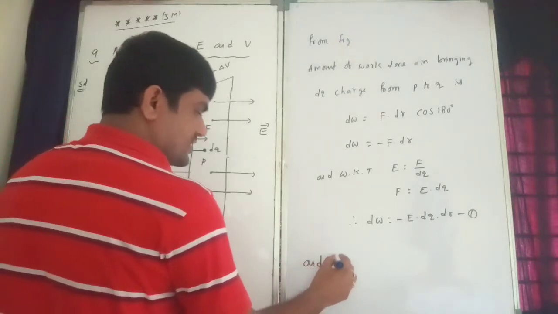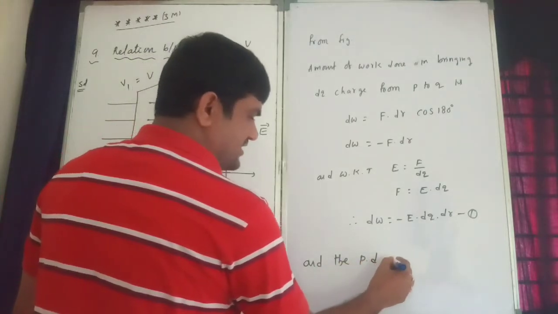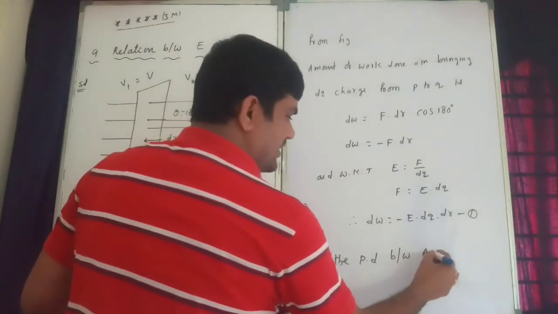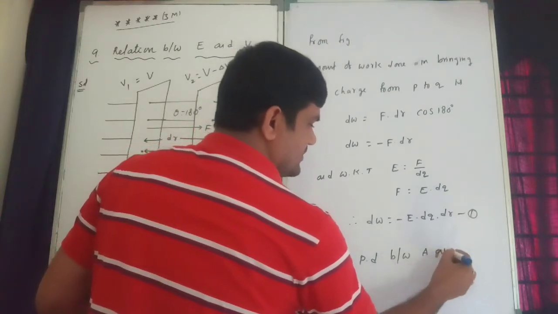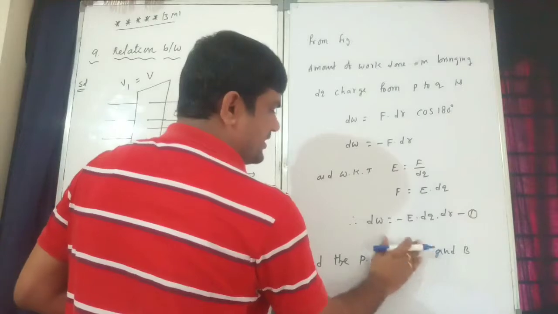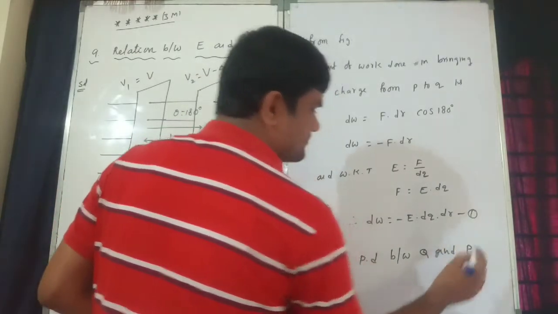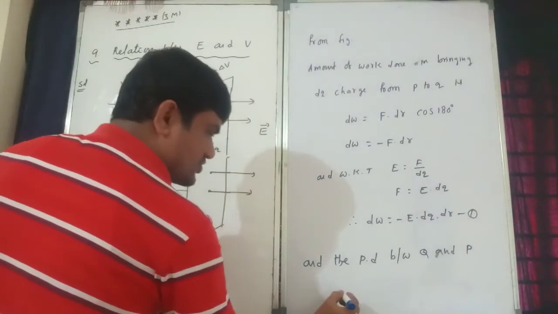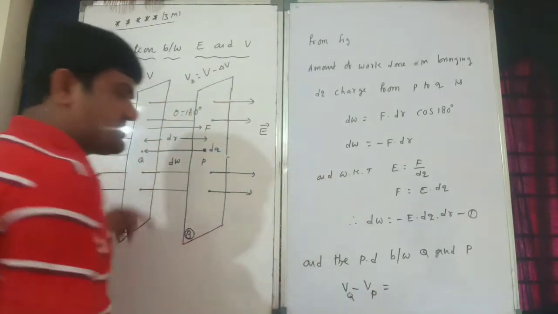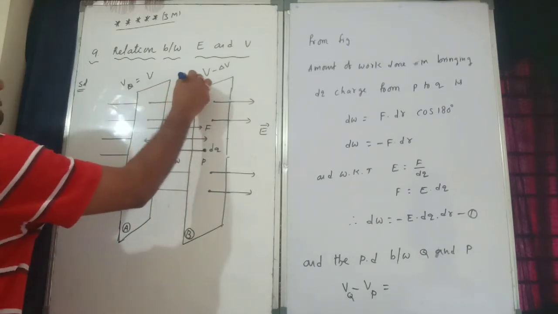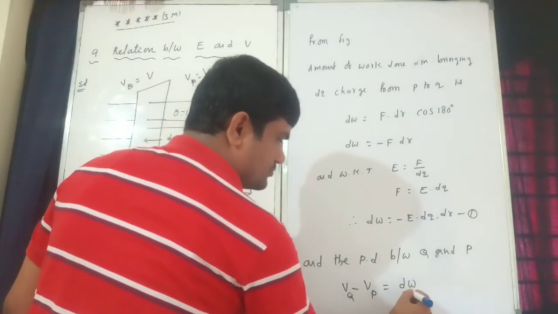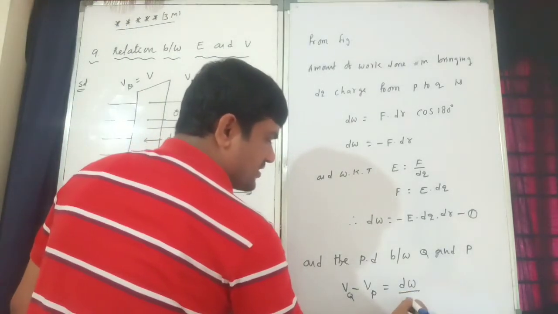And the potential difference between A and B, or else P and Q. VQ minus VP is equal to dW by dq.